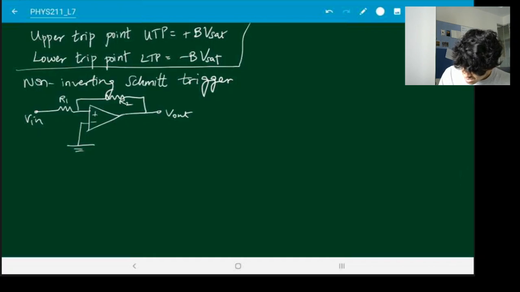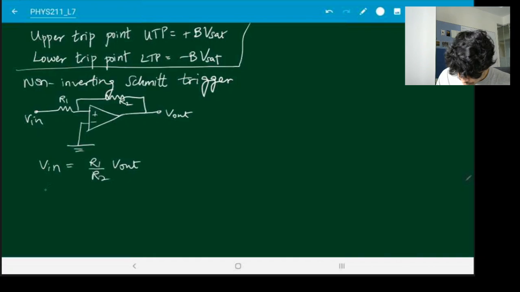So now you can see that Vin is going to be R1 over R2 times Vout.